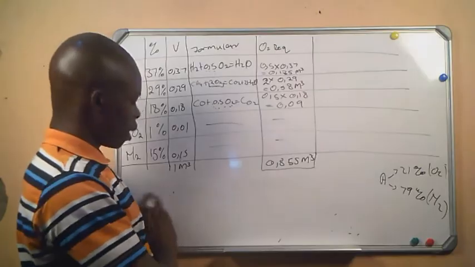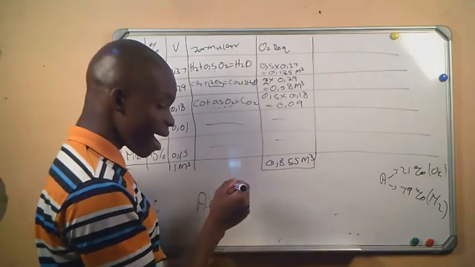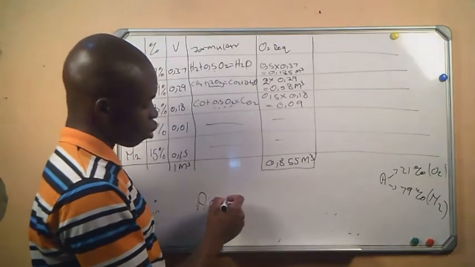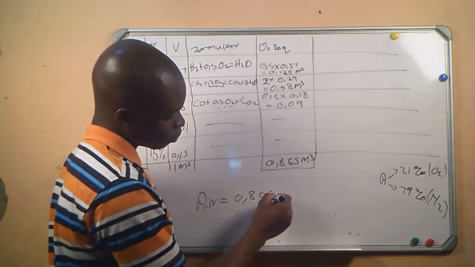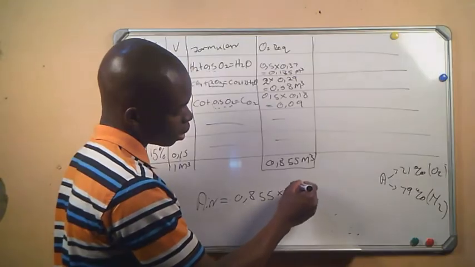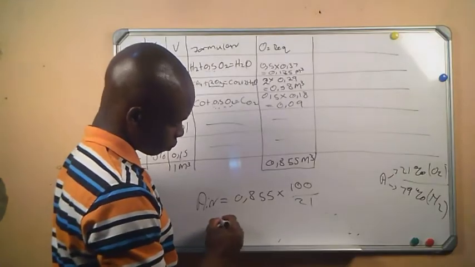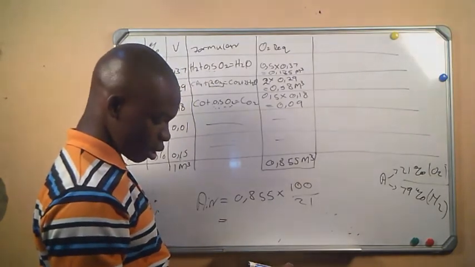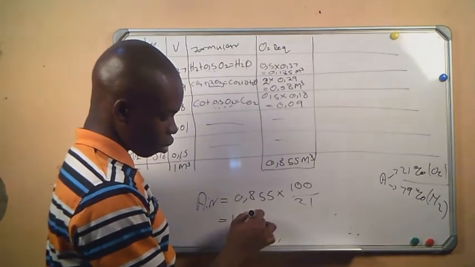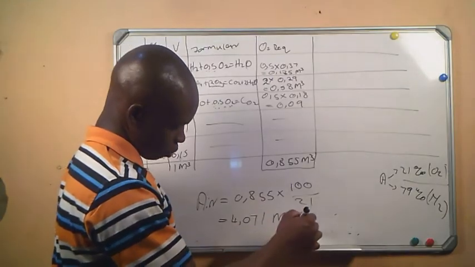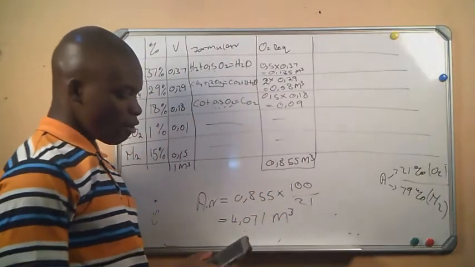In the question we are asked to calculate the total amount of air required, so we say this amount of oxygen times 100 divided by 21, given the information. I got that the amount of air required is 4.071 cubic meters. So that is the answer for our first question.